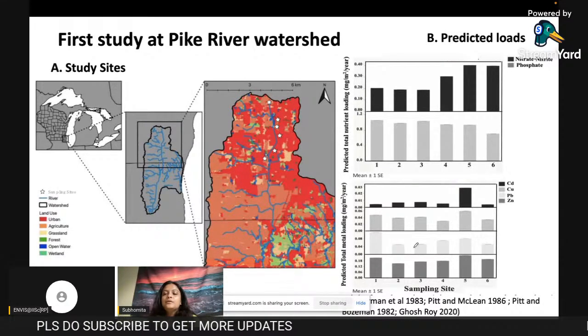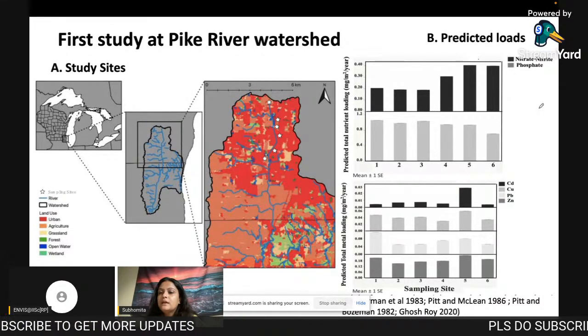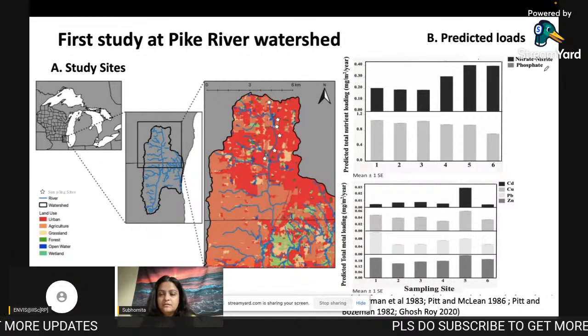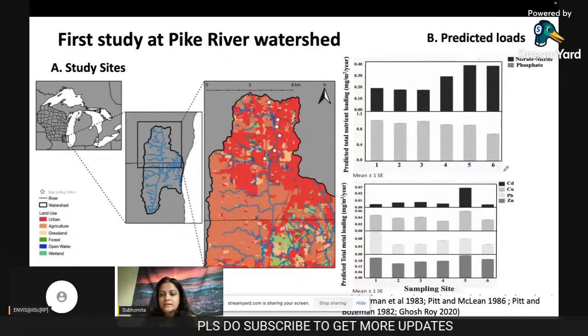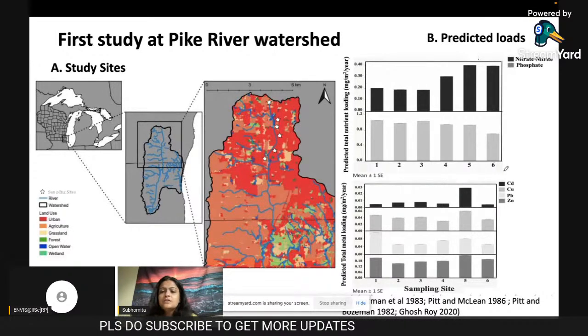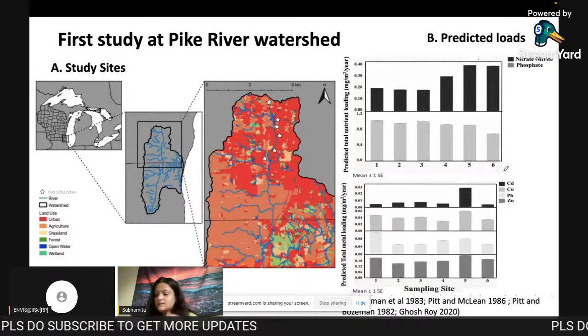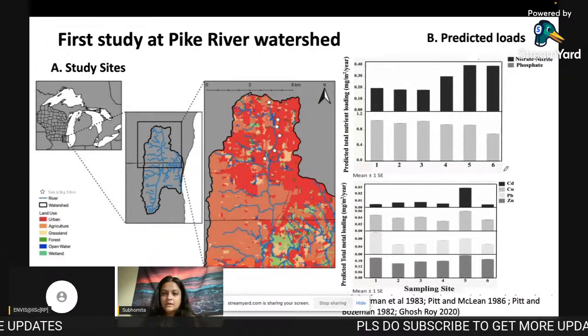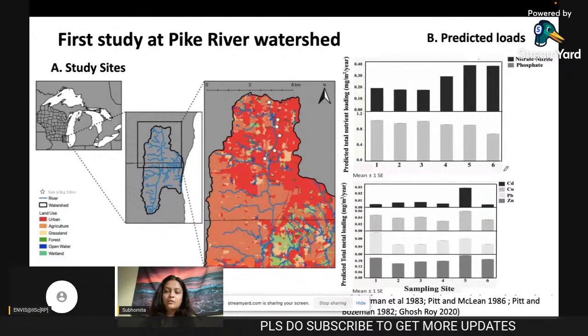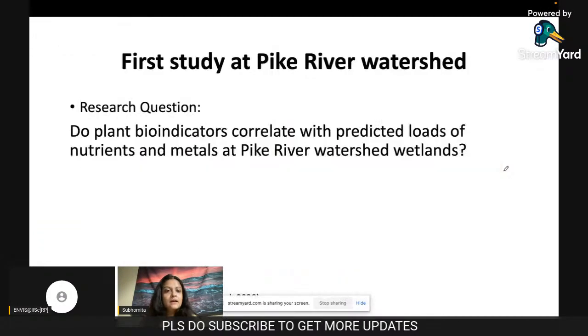The pollutants that we chose were nitrate, phosphate, basically nitrogen or nutrients, and then a bunch of metals: cadmium, copper, lead, and zinc. So all that gave us a reference point for what could be the possible predicted load in a year going on in these wetland sites.